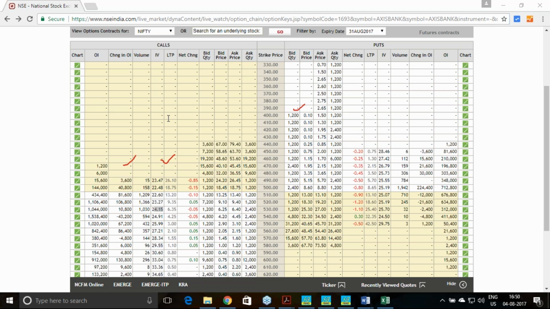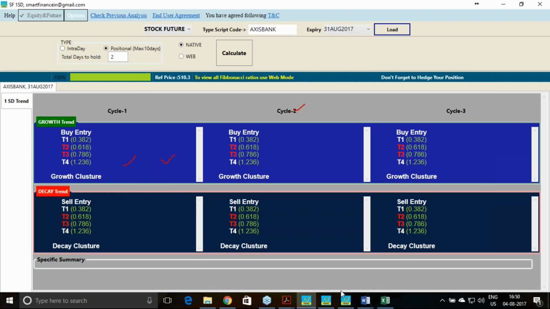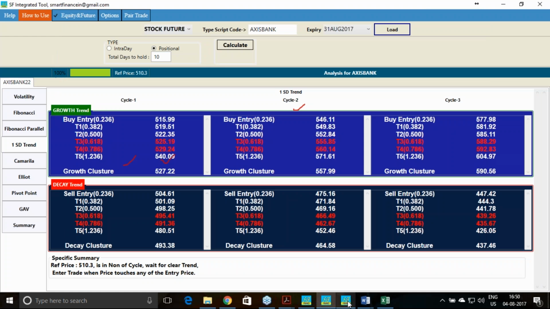What is the option next to equity future in the integrated tool? Integrated tool. Om Prakash Kothari ji, option next to futures and option, I could not get which button you are asking about.